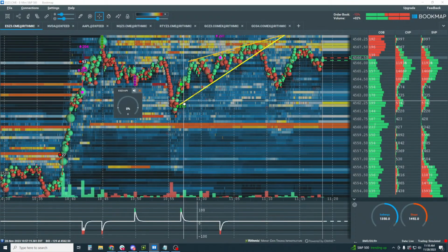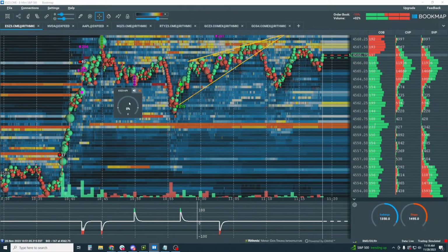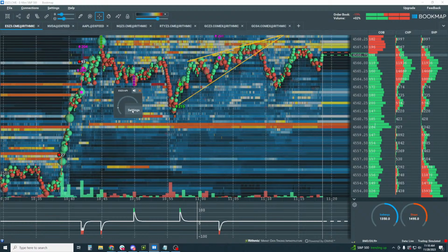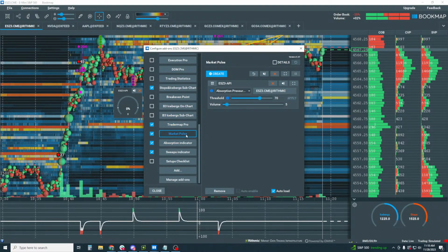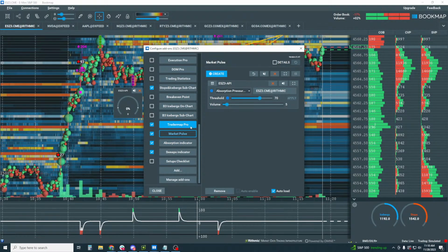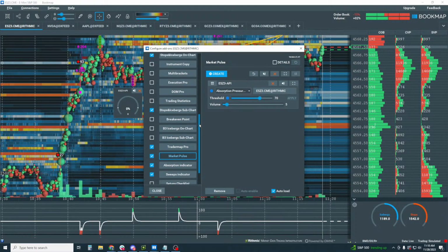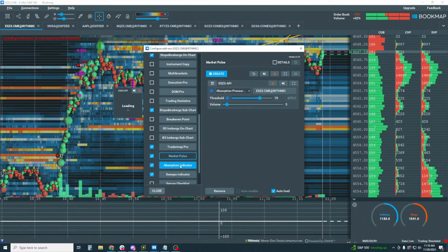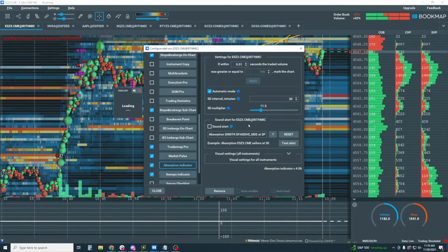No, I'm sorry, we won't, because it's going to be based off of the absorption indicator. So yeah, we got to go to the absorption indicator first. Okay, so let's go back there, and we will need to go to the absorption indicator here.